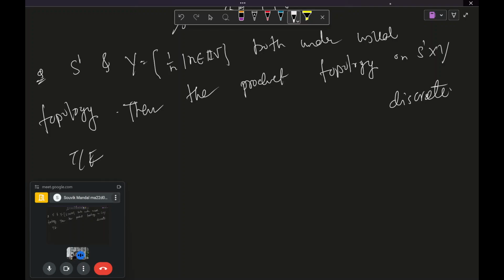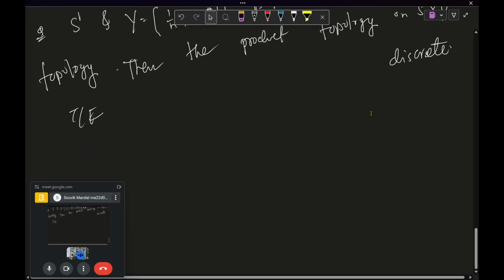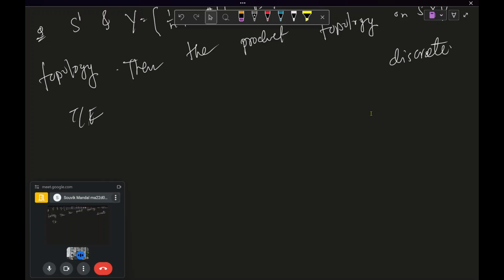So what are the possible ways? Well, of course, this should be false because none of the spaces are discrete. And since the product is a finite product, the box topology and the product topology are the same. If it is discrete, then each singleton set should be open, but that is not the case.